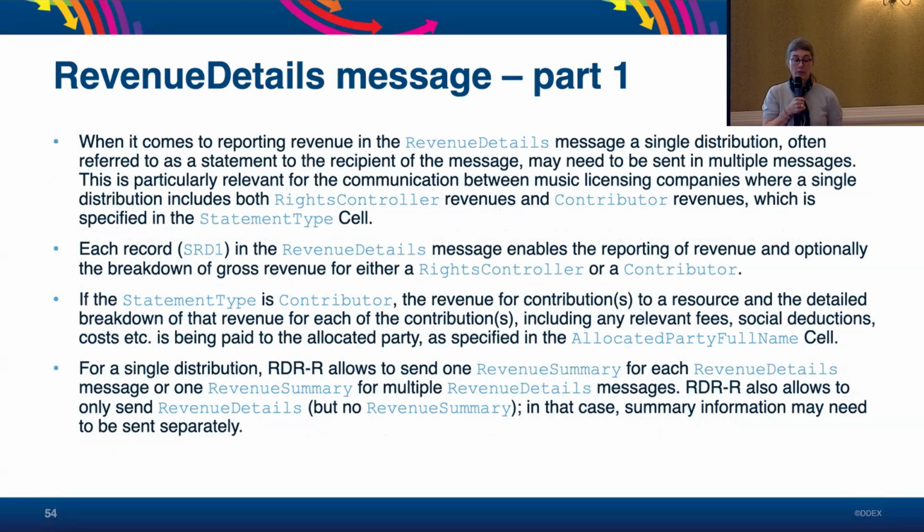It is optional because in order to allow faster adoption by as many as possible, we felt as a working group that it is important that current existing business processes are not interrupted as much as possible. And very often, revenue summary messages or statements are possibly sent to a completely different party internally than the detailed breakdown of that revenue that may go to a different department.